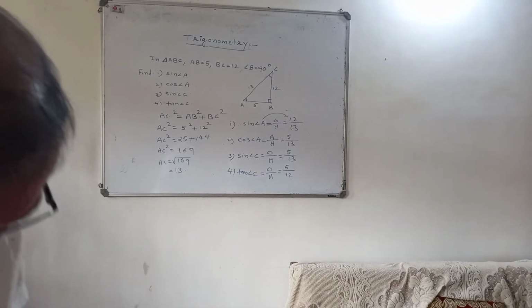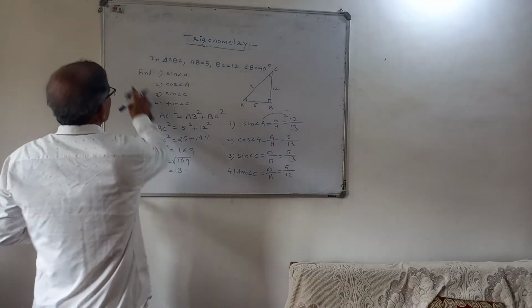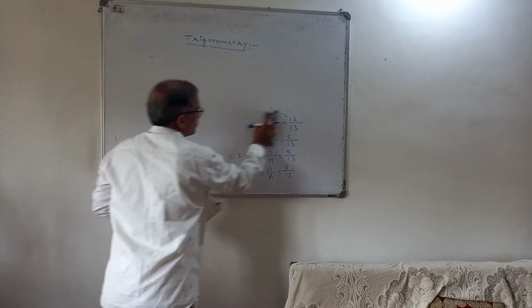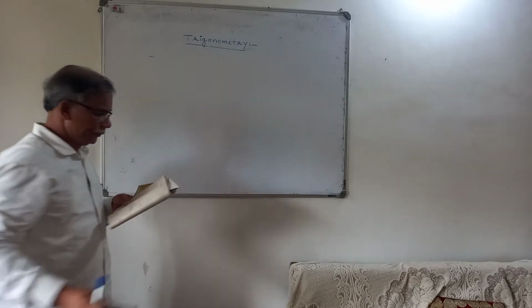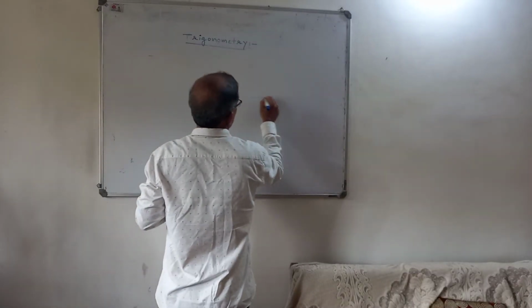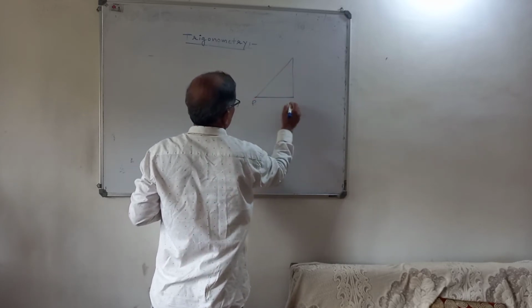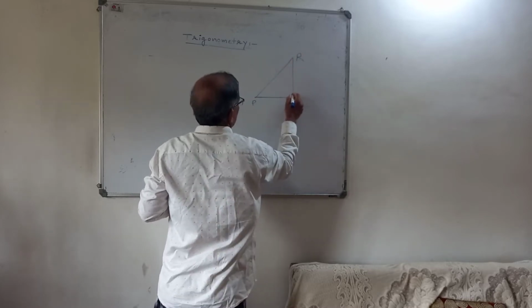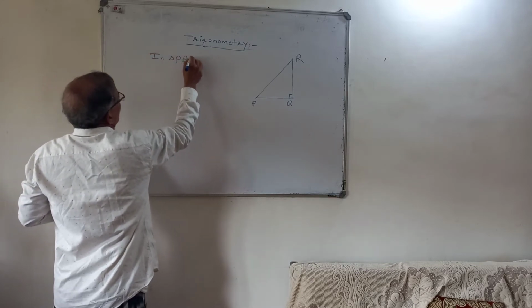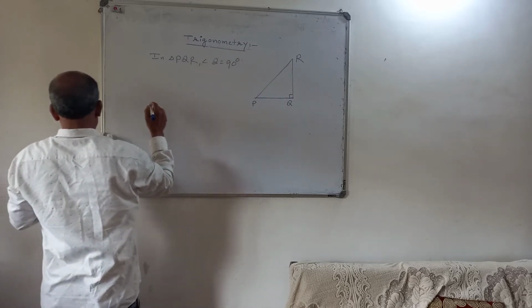Okay, I shall give you one more now. In triangle PQR, angle Q is equal to 90 degrees.